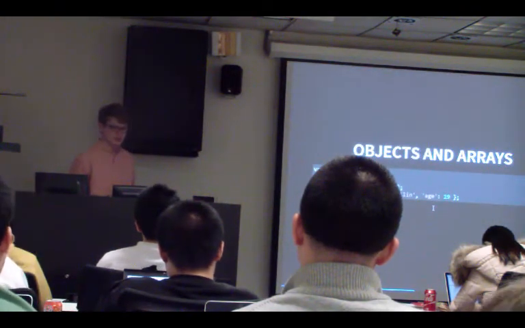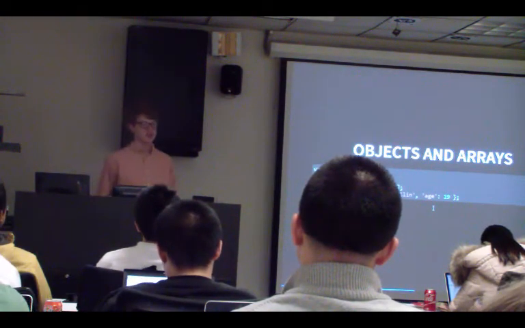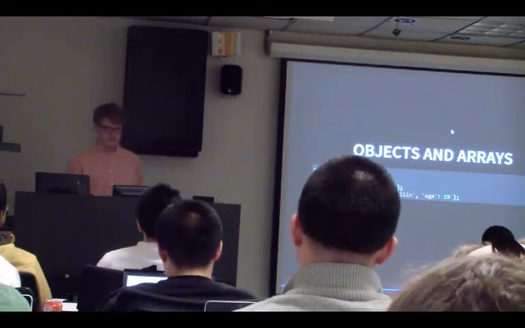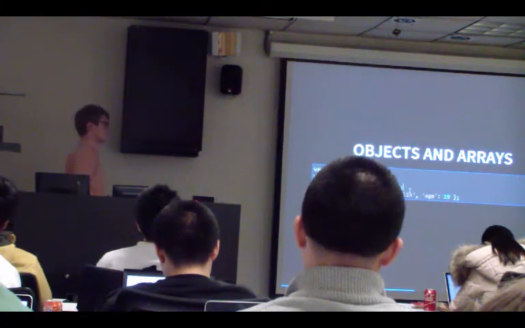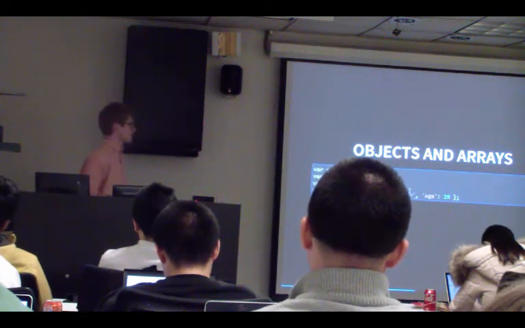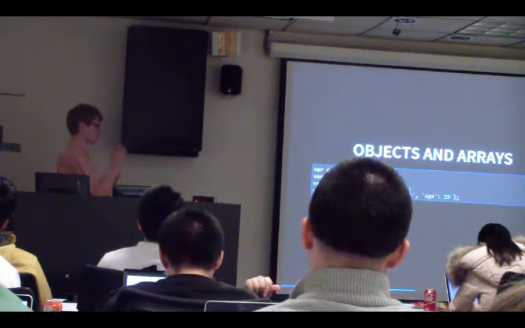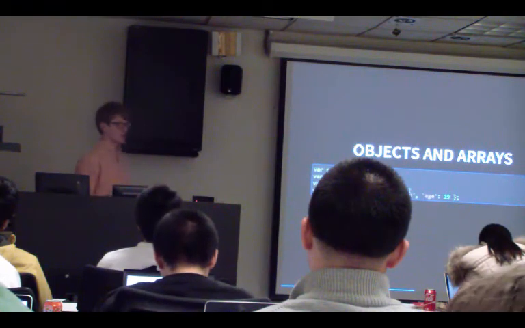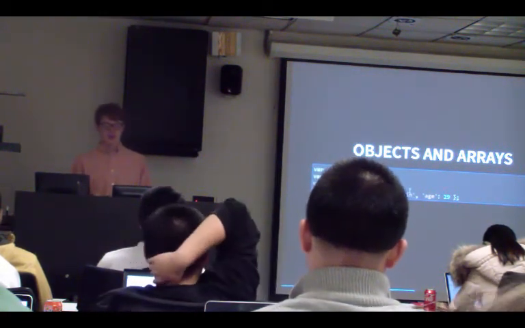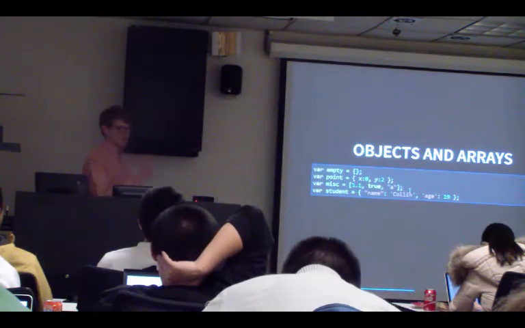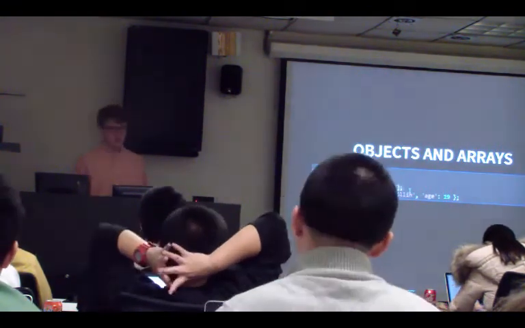Then we'll get to the syntax of objects and arrays. This is just basic syntax. You'll notice that arrays in JavaScript are untyped, or they do not require the type for each element to be the same. And that leads to some interesting behavior later on, which we'll look at.